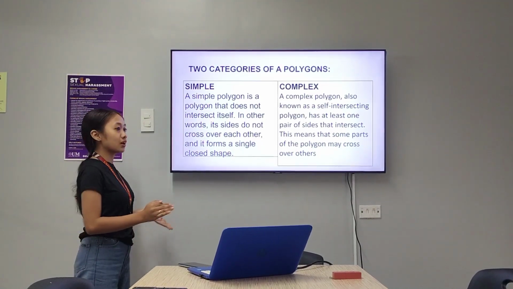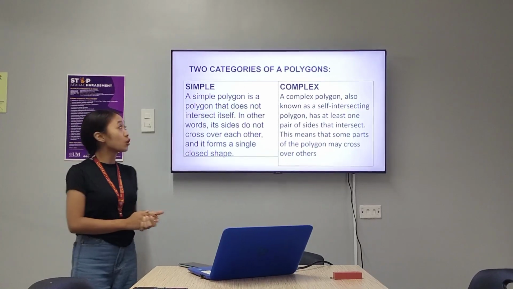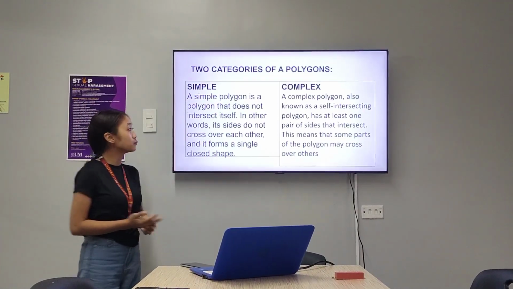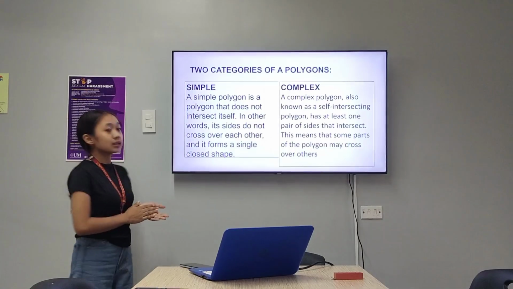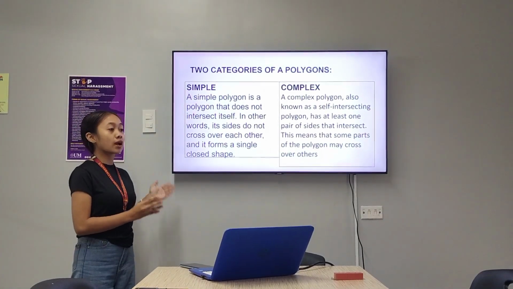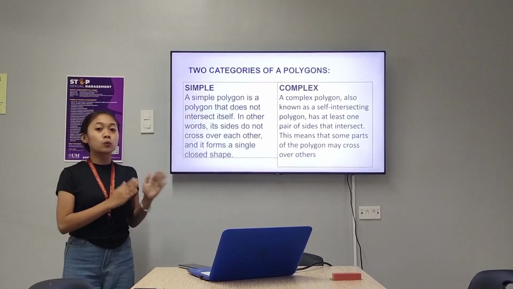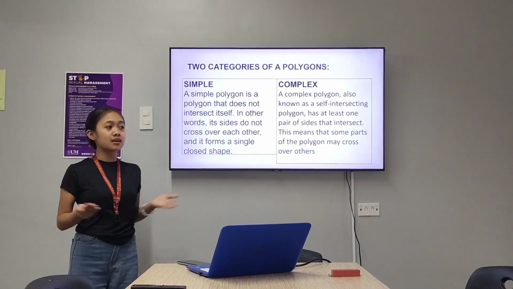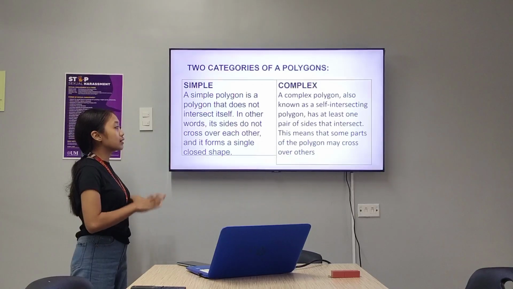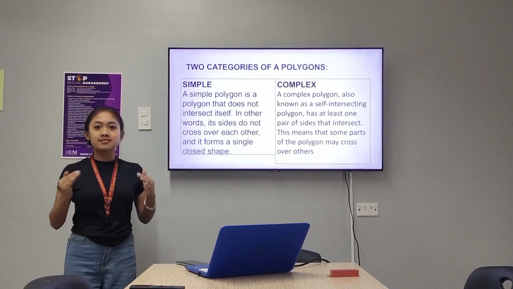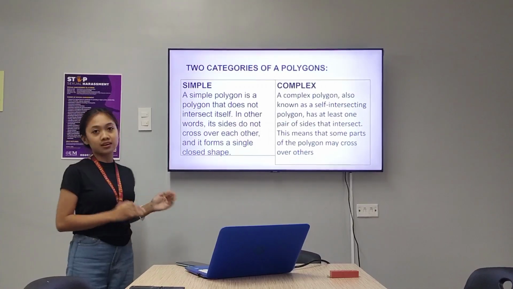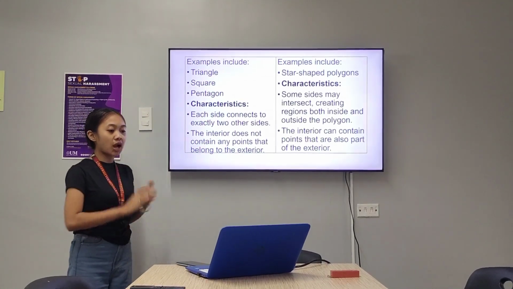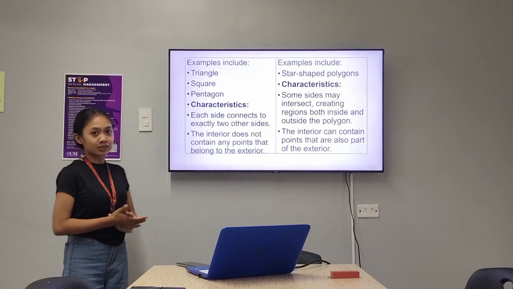To make it easier to understand the difference between simple and complex polygons: in a simple polygon, its sides or angles do not intersect with each other, while in a complex polygon, from the word complex, it is difficult, and its angles and sides intersect with each other. Examples of simple polygons include triangle, square, and pentagon.